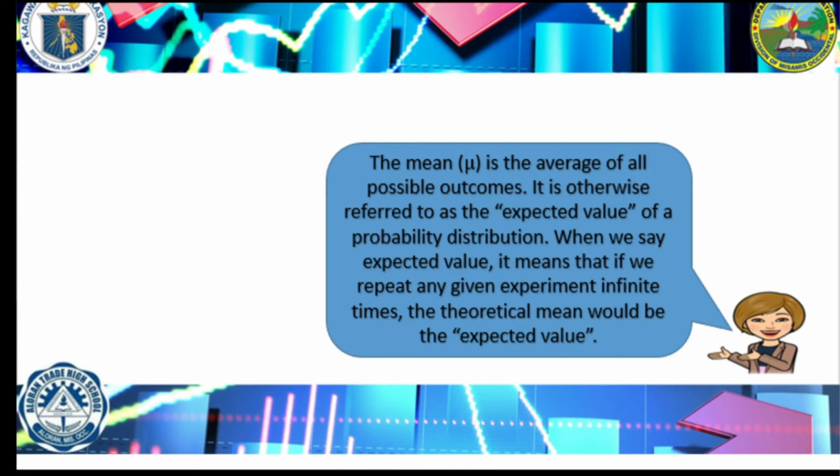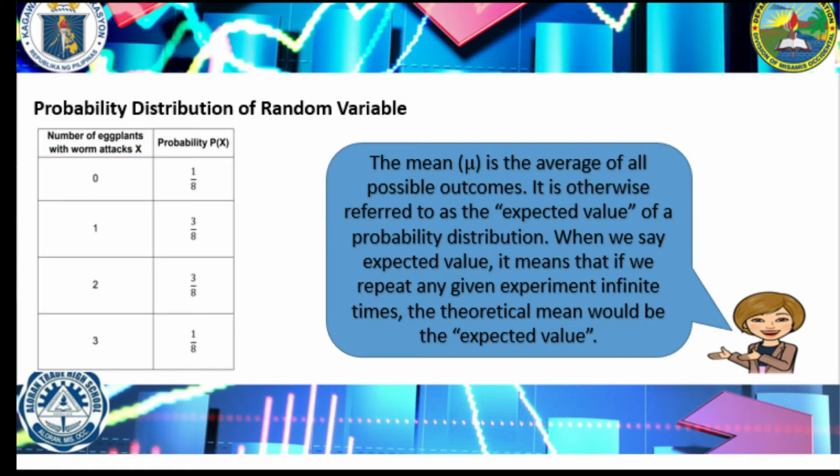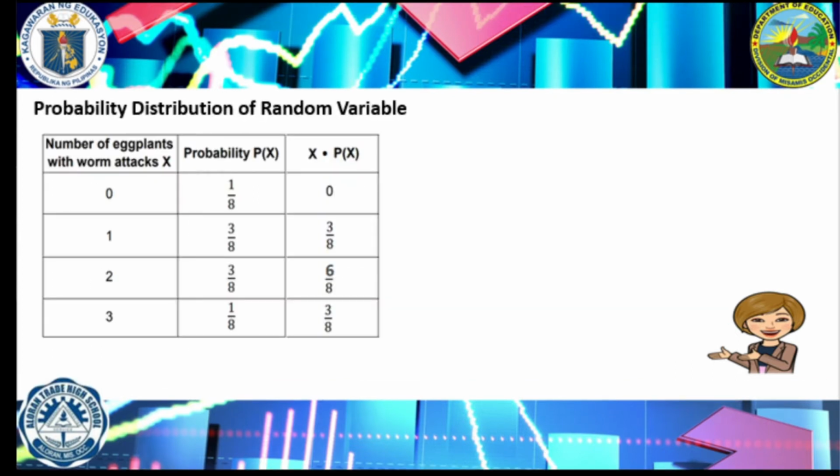It is otherwise referred to as the expected value of a probability distribution. When we say expected value, it means that if we repeat any experiment infinite times, the theoretical mean would be the expected value. Using the same table, let us solve for the mean.